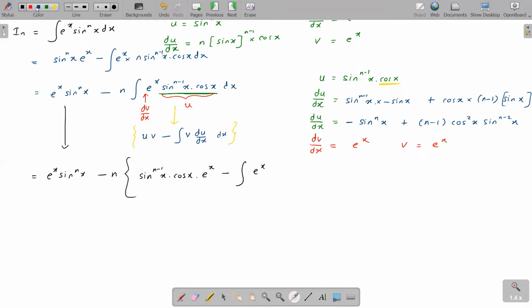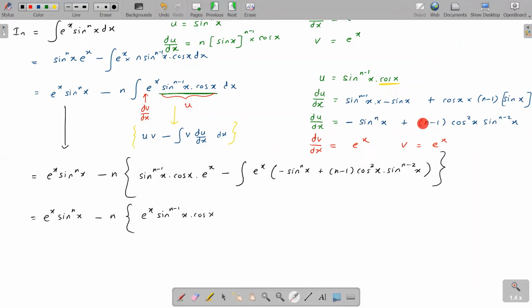We have written that, right? du by dx is minus sine to the power n x plus n minus 1 cos square x sine to the power n minus 2 x. So we get e^x sine to the power n x minus n times e^x sine^(n-1) x cos x. Are you with me?